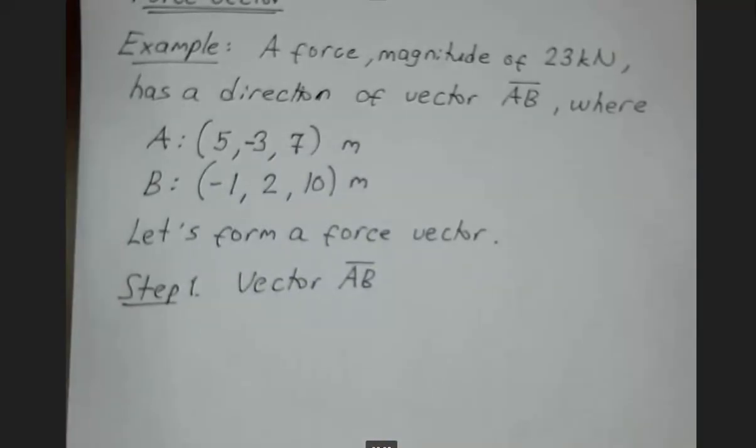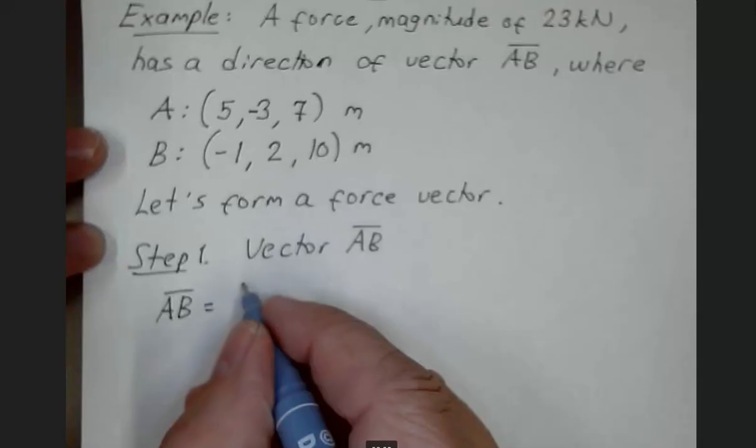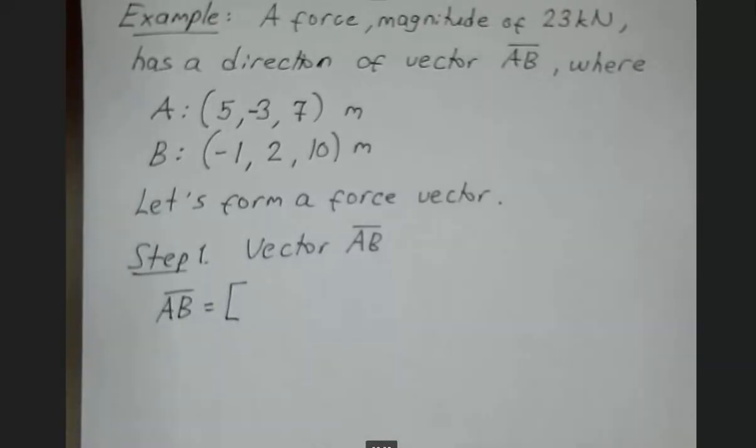So AB starts from point A and it ends at point B, and the vector AB we get when, I will use this bracket form of the vector.